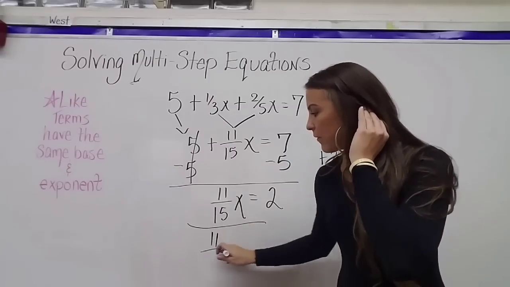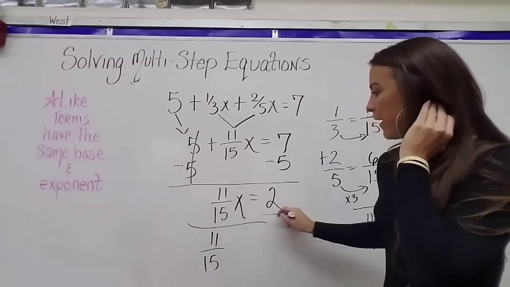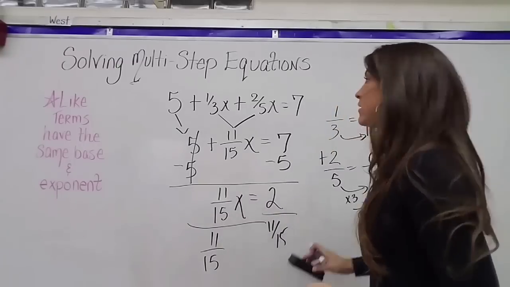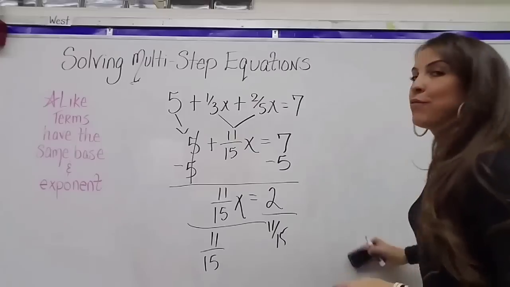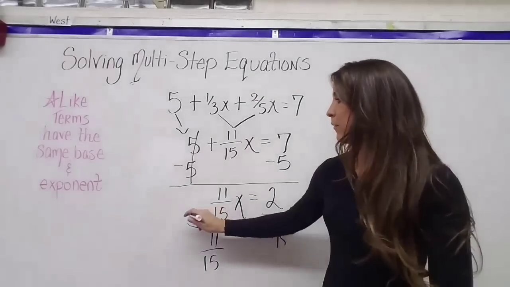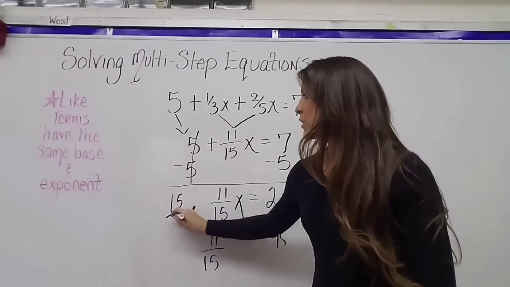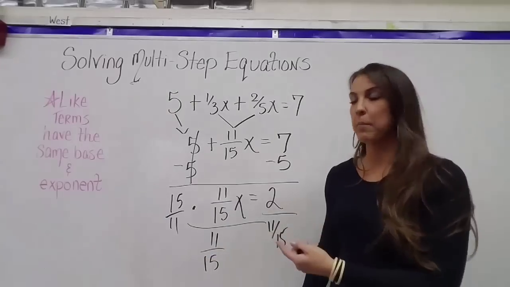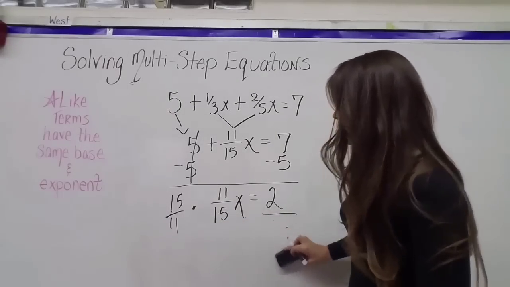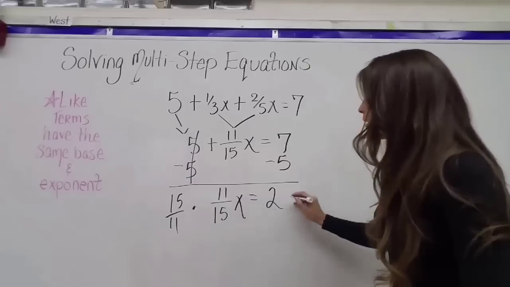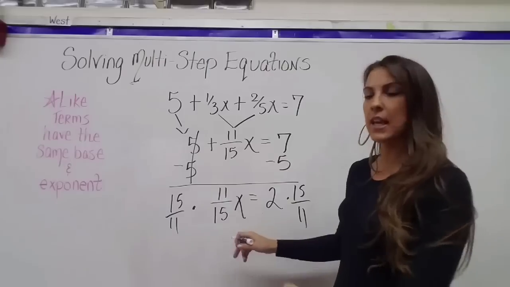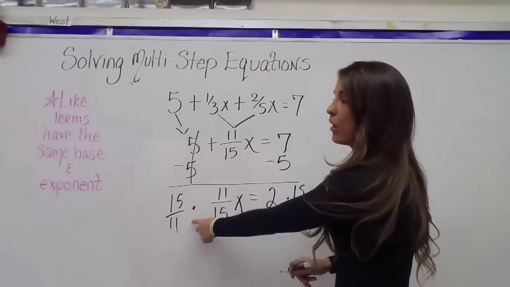But if you know how to divide fractions, you know that dividing by a number is the same thing as multiplying by its reciprocal, right? By its flip. So I don't have to write all this out. If you want, it looks a bit nicer, it's a bit easier to multiply both sides by the reciprocal. Dividing by a number is the same as multiplying by its reciprocal.